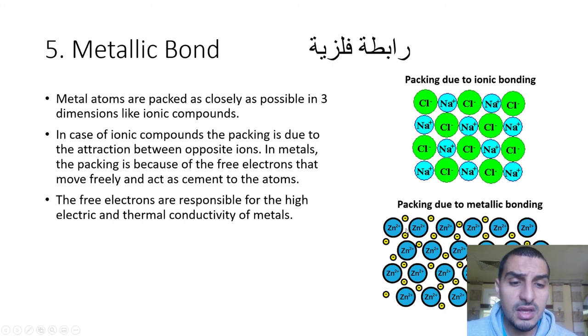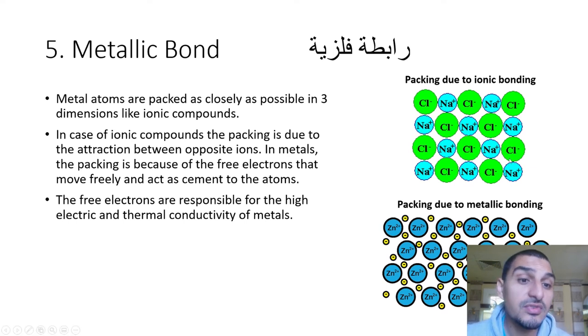And we mentioned that the electrons in the outermost shell are not only rotating around the atom, they are rotating around the whole atoms in this metal. So they form like a cement that is binding all the atoms together and holding them together, and it's responsible for the high electric, mechanical and thermal conductivity of the atoms. They are responsible for the good mechanical properties of the element.